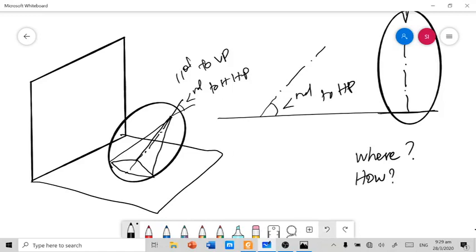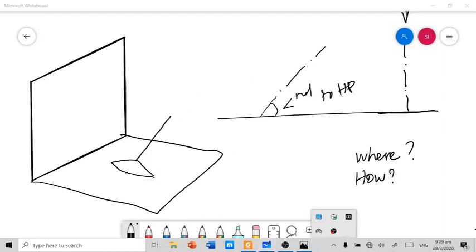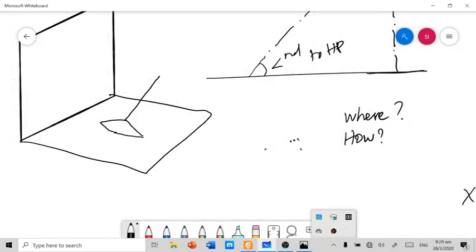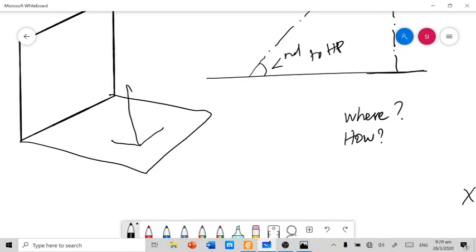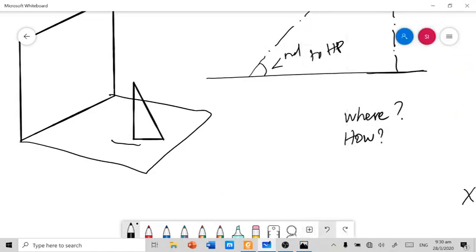The solid will be made in this way, so the axis will become perpendicular to HP and parallel to VP.